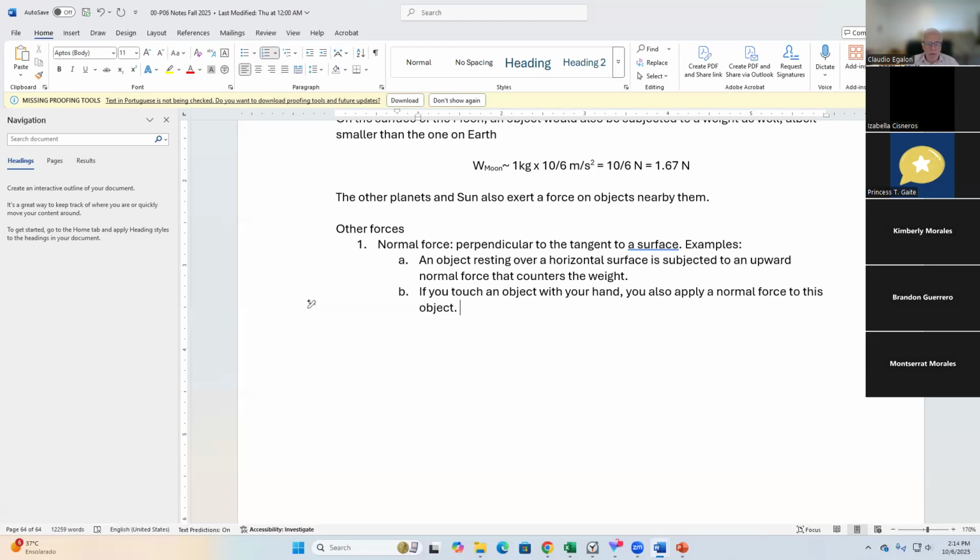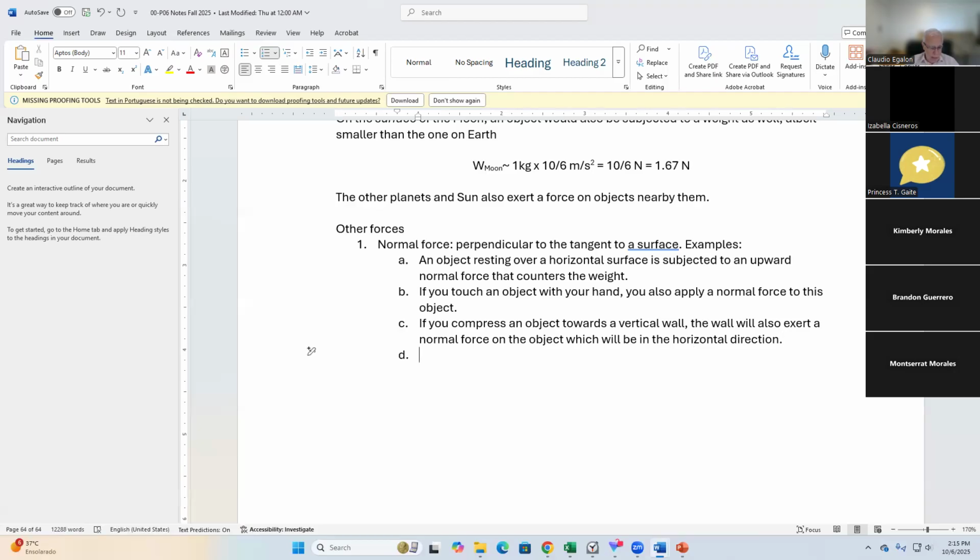If you compress an object towards a vertical wall, the wall will also exert a normal force on the object, which will be in the horizontal direction. And so on.